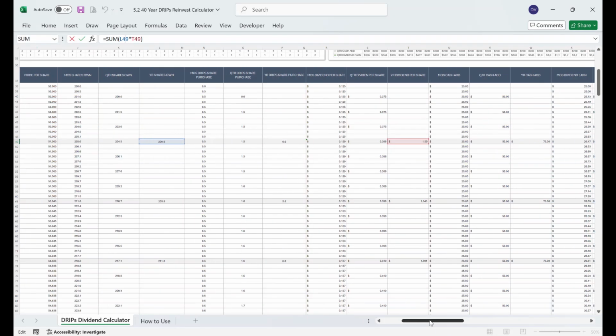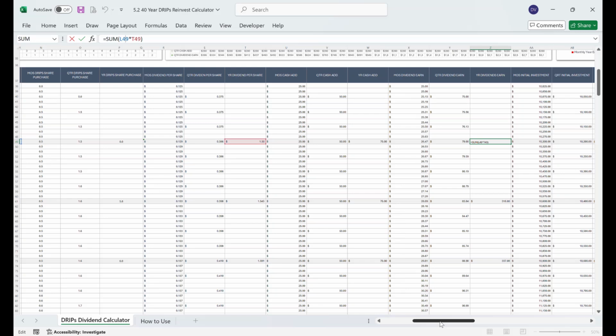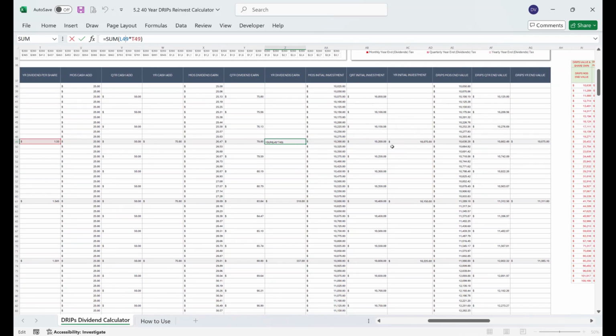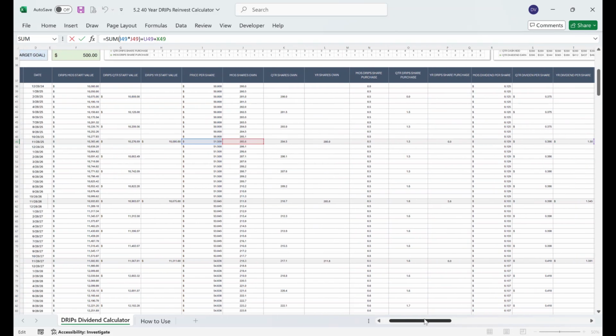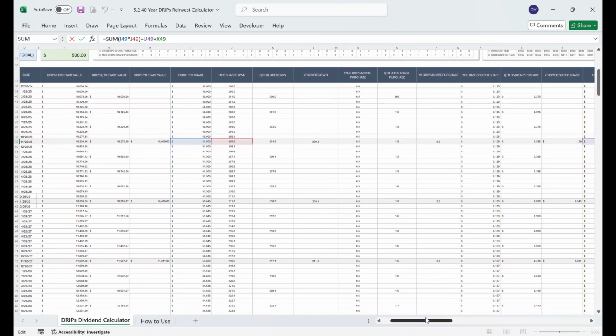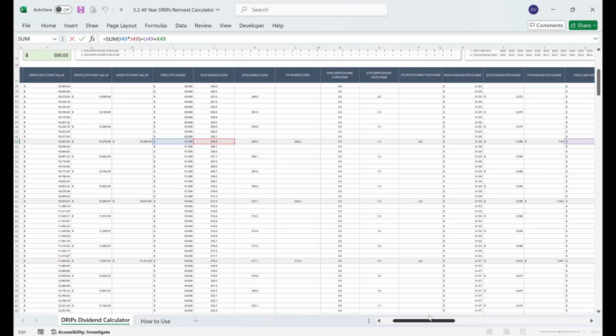You just take your shares owned times the year dividend per share, right? And then your initial investment, you're taking your quarter plus your cash added. That's your initial investment, so you can track how much cash you actually added. And your value is you take your price per share, multiply it by shares owned, right?